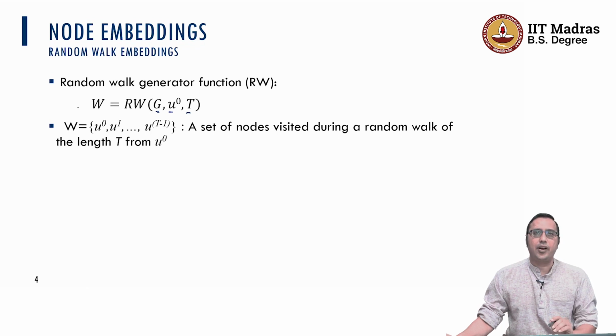And the random walk generator will generate a sequence of nodes, starting from u0, taking t steps, and providing us all the nodes which we have visited between u0 and the node at the t-th step.